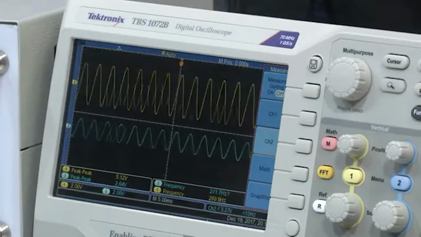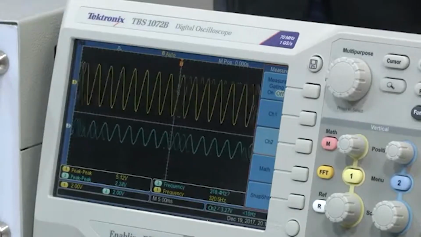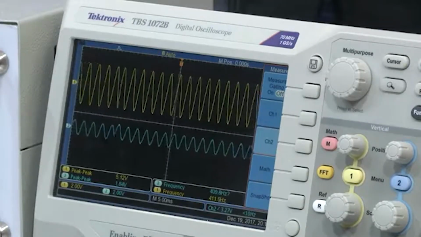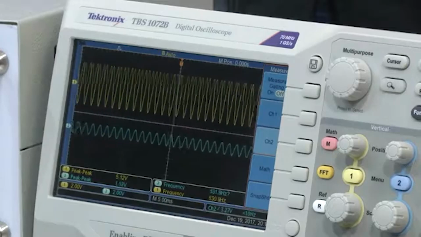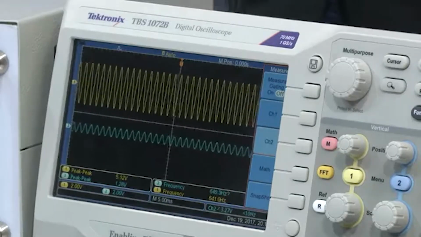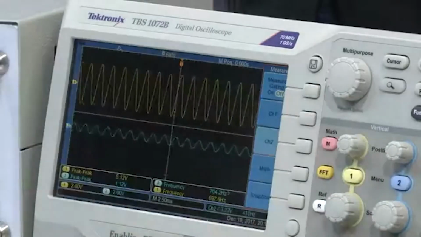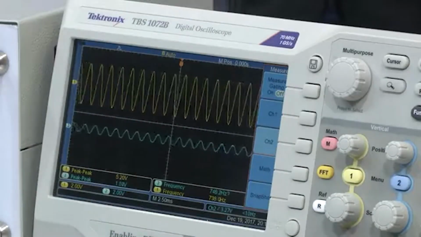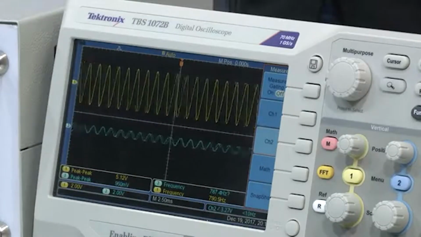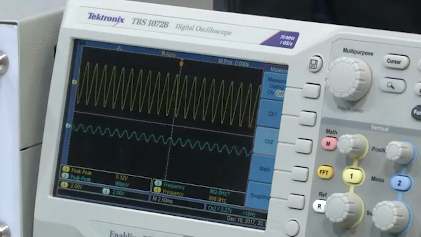Slowly and gradually, as you go on increasing the frequency, the amplitude at the output of the RC is continuously decreasing, and you can see the peak to peak amplitude for the 5 volts input is 1.04. That means now it is creating a problem for the signal to pass.